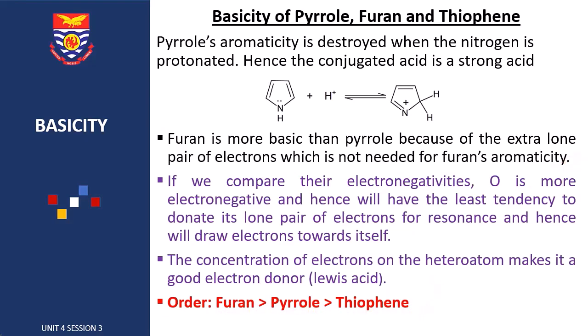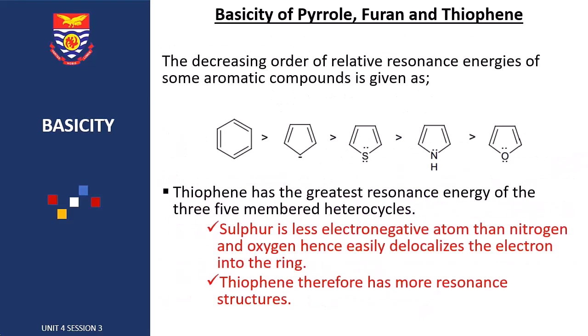Now, if you want to look at the resonance energies as well, then here you can even add another 5-membered ring with no heteroatom, even benzene. Now, this is the decreasing order of the relative resonance energies of these aromatic compounds. Furan is the least, right? This is decreasing, so furan is the least.